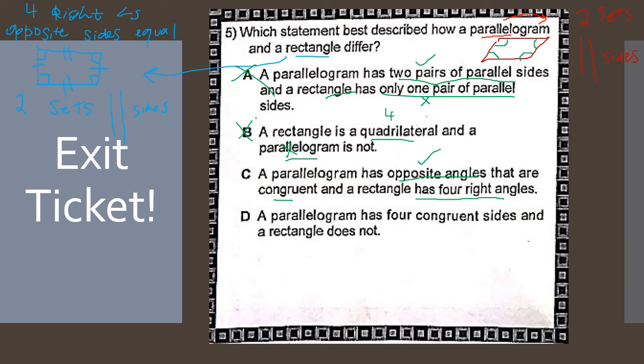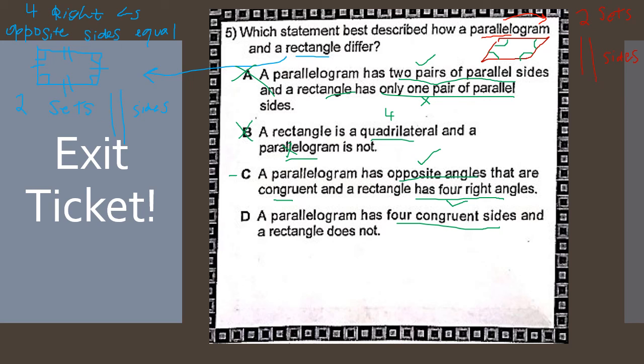Okay, a rectangle has 4 right angles. I know that's true. Now, even if I didn't know that a parallelogram has congruent opposite angles, I could just put a dot next to it and go to D and then come back. D, a parallelogram has 4 congruent sides, 4 equal sides, and a rectangle does not. 4 congruent sides is a rhombus.